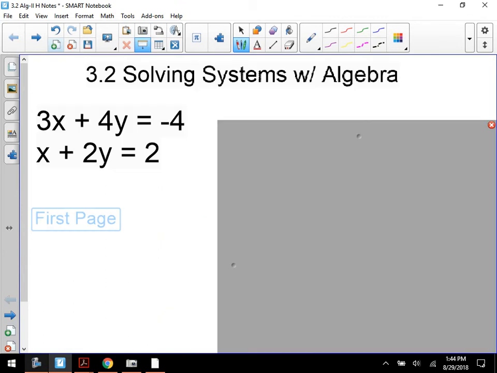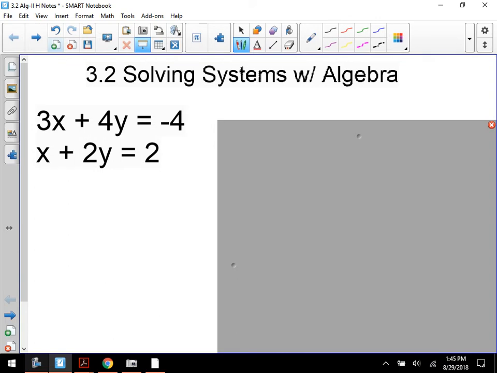Back to this. When I look at this problem here, 3x plus 4y is -4, x plus 2y is 2. Which method do you want to use? I would use substitution here because I've got x that has a coefficient of 1, and I can get it by itself pretty quick, just moving the 2y.